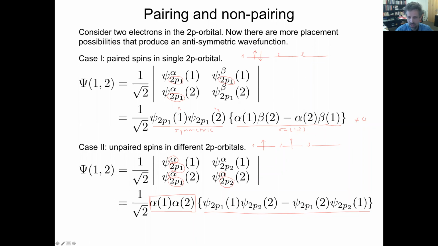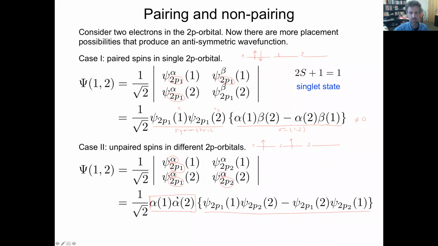And if you swap the labels for this orbital state, you get the same state with a negative sign, and that means it is antisymmetric. So the orbital state here is antisymmetric, while the spin state is symmetric. All right, so basically the roles of what the spin state does and what the orbital state does have been swapped in these two cases.